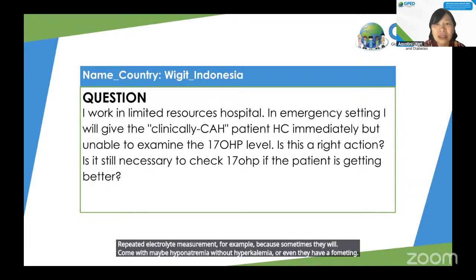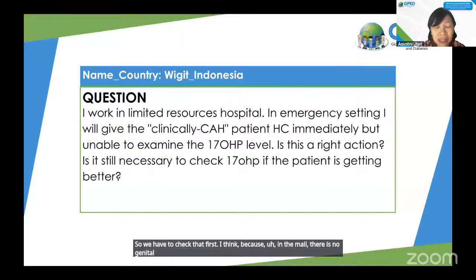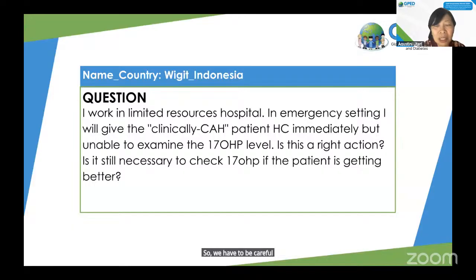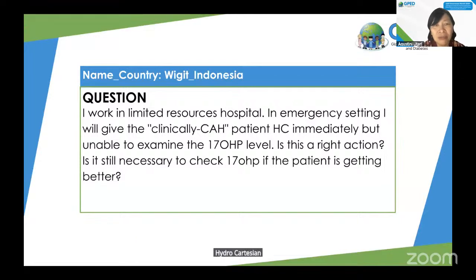So we have to check that first, I think, because in the male there is no genitalia ambiguity. So we have to be careful, because when you give this patient the medication, you will give it for the whole life. So sometimes we need to be careful about that, because when you give the hydrocortisone immediately, the 17-OHP will decrease.